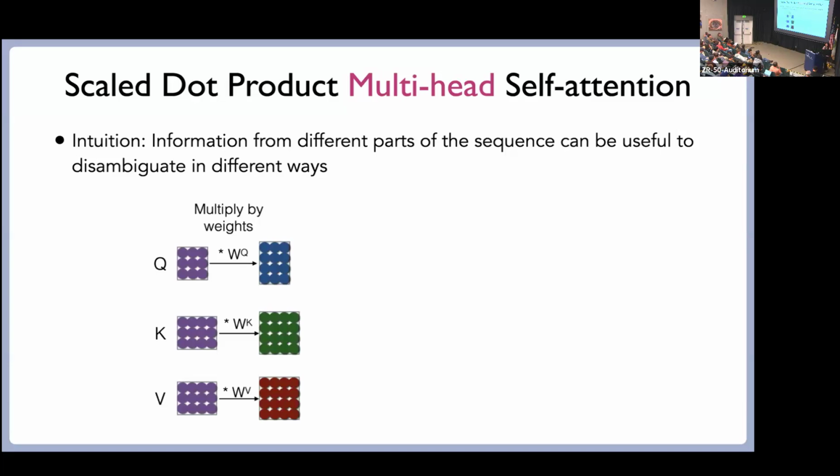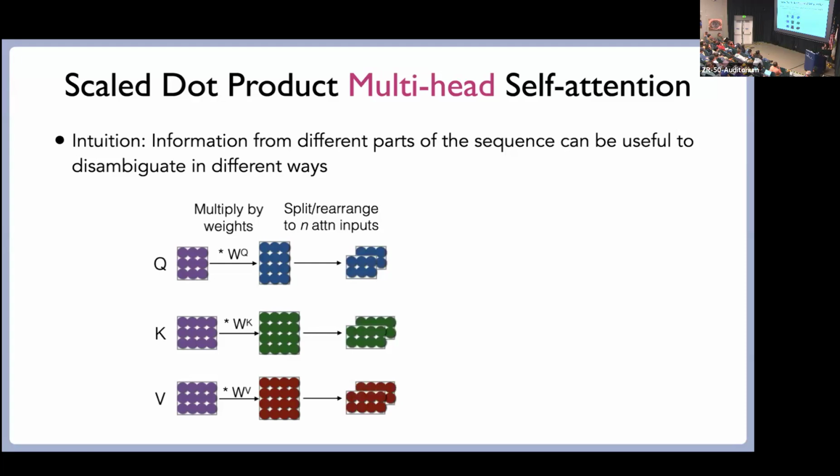Practically, what it means is as follows. You still have one matrix from the previous layer. We repeat this so that we have query, key, and value. We multiply by weights so that they have slightly different values. So the matrices look like that. Then you split and arrange them so that there are n different inputs with the same dimension. In this plot, n is 2 because you want to do 2 self-attentions.